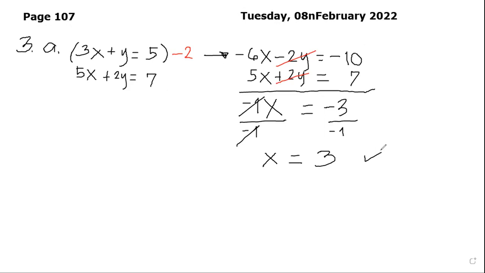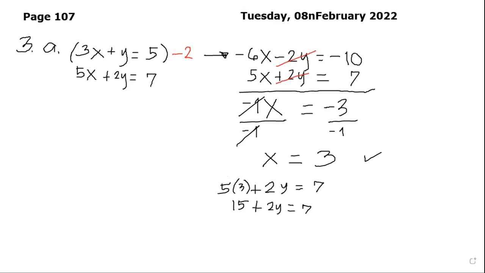Then we can use that in equation 2 so that we can get y. So 5 times 3 plus 2y equals 7. 5 times 3 is 15, plus 2y equals 7.